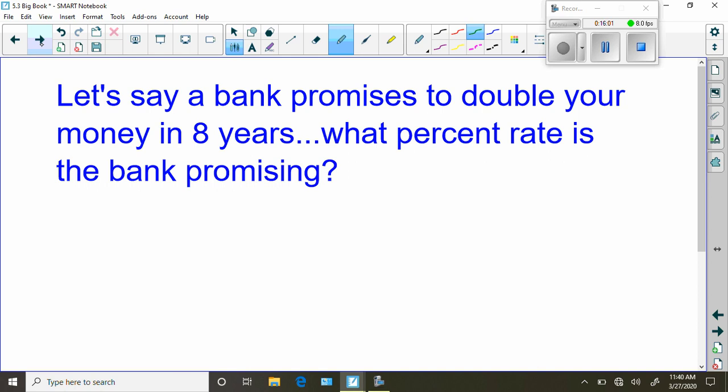Let's say a bank promises to double your money in 8 years. What percentage rate is the bank promising? Okay, so it sounds pretty good. Oh, yeah. Take my investments and I will have twice as much, double, in 8 years without doing anything. What is the bank doing there? Okay, so let's figure out the percentage rate. This is pretty doggone easy.